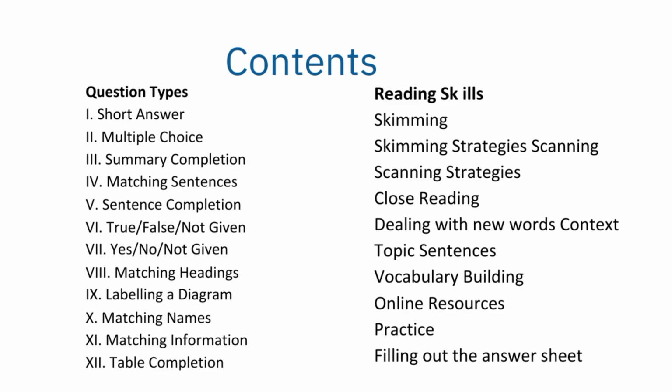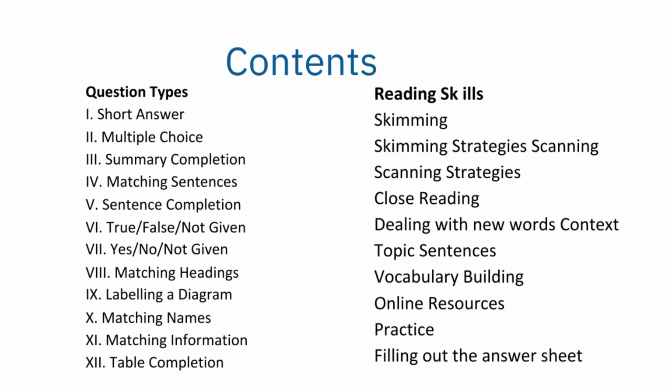So in order to escape from that situation, we can write every letter of every answer in capital letters. As I told you, there are 11 different types of questions, like multiple choice, true, false, not given. True, false, not given is basically about facts. But yes, no, not given questions are about the opinion of the writer.